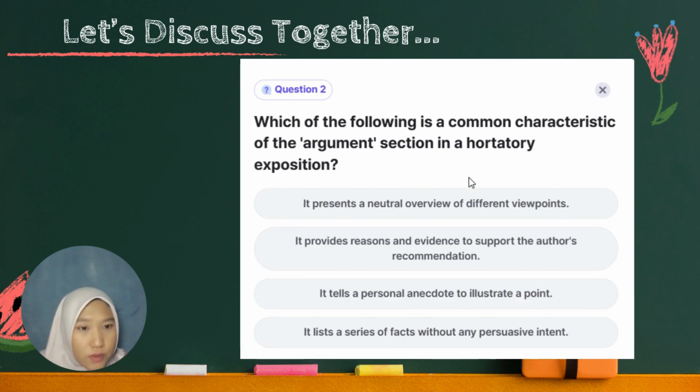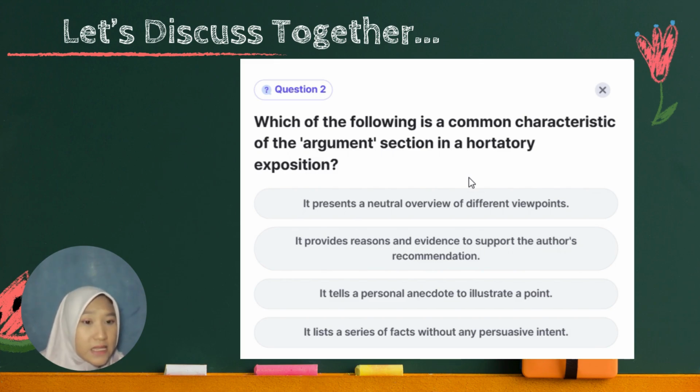Question number 2. Which of the following is a common characteristic of the argument section in a hortatory exposition? Which one is correct? Okay, let's take a look one by one. Option 1, it presents a neutral overview of different viewpoints. Now, let's be careful here, yeah. In hortatory expositions, we are not neutral because we try to persuade the reader to do or not to do something.